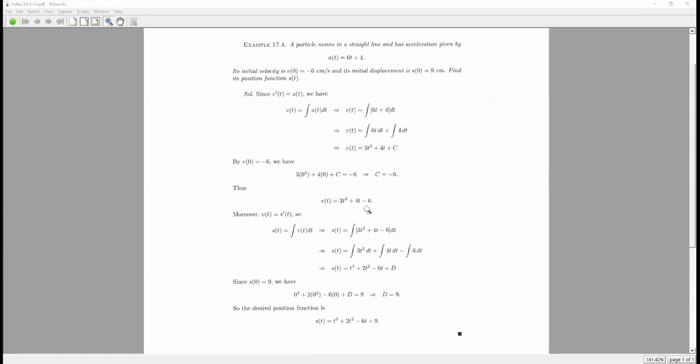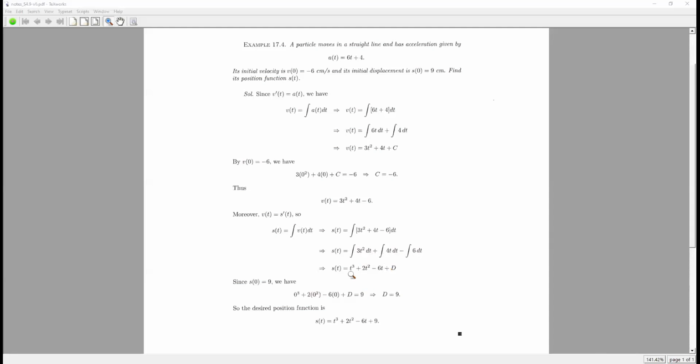On the other hand, we know that the derivative of position is velocity. That is, position is an antiderivative of velocity. So position is the indefinite integral of velocity. Now plug in this function for velocity, then we get this equation. Split this integral into a sum and a difference, and then find an antiderivative for each of the three integrals.